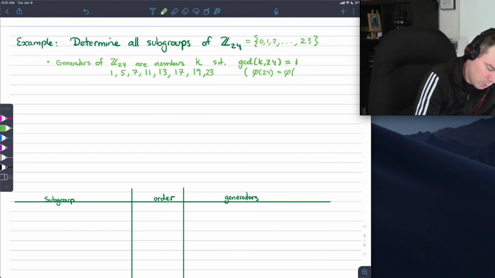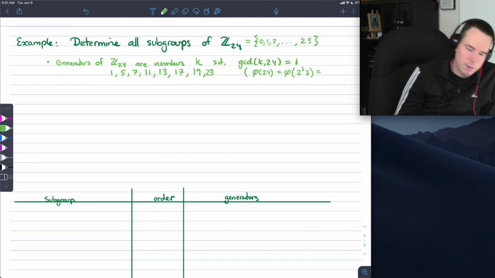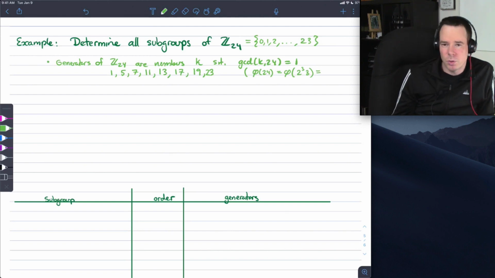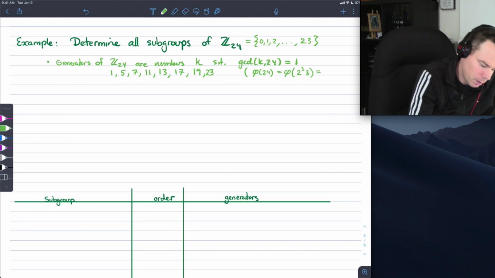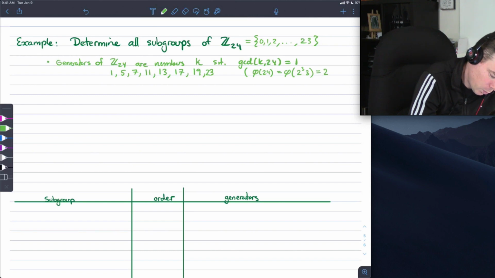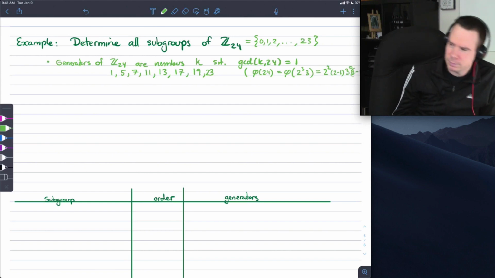The way we do this is we factor 24. It's 2 cubed times 3. The phi function goes one prime at a time, dropping the exponent by 1 and multiplying by the prime minus 1.